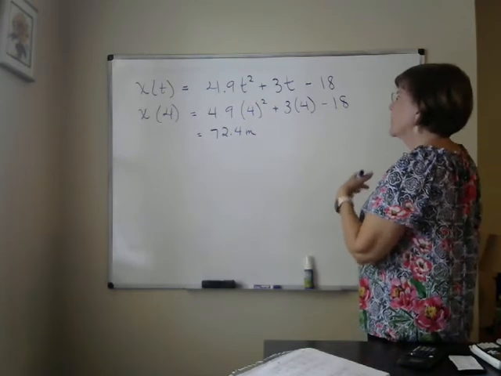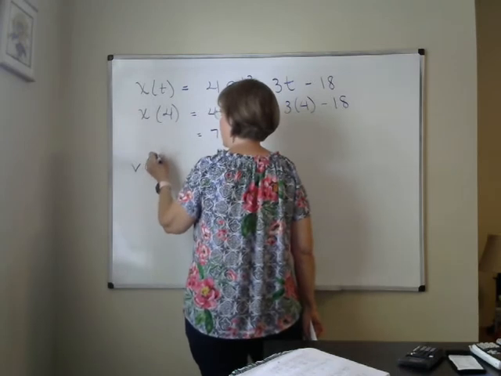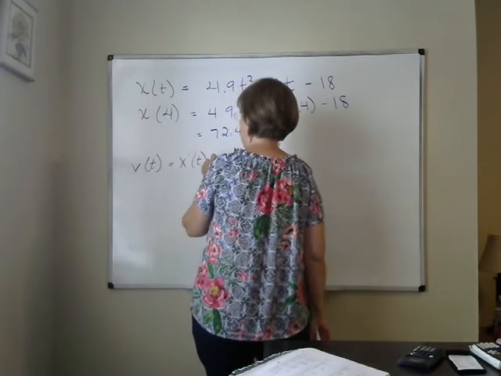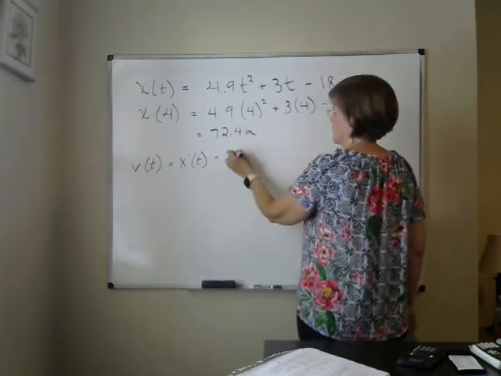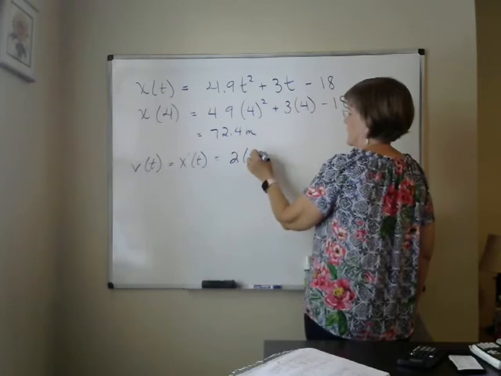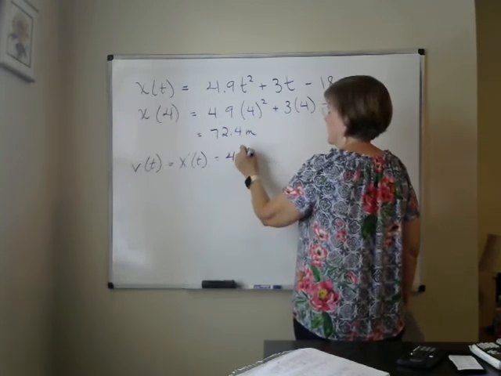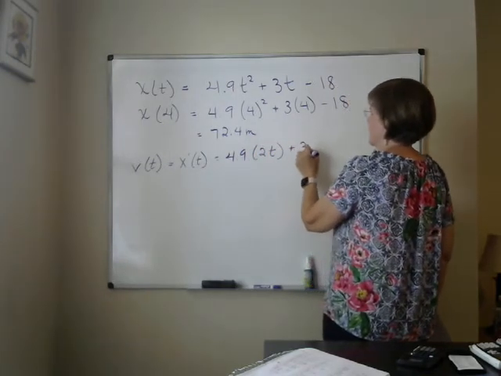Now, if I want a velocity function, I take the derivative. The derivative of 4.9t squared is going to be 4.9 times 2t, plus 3.